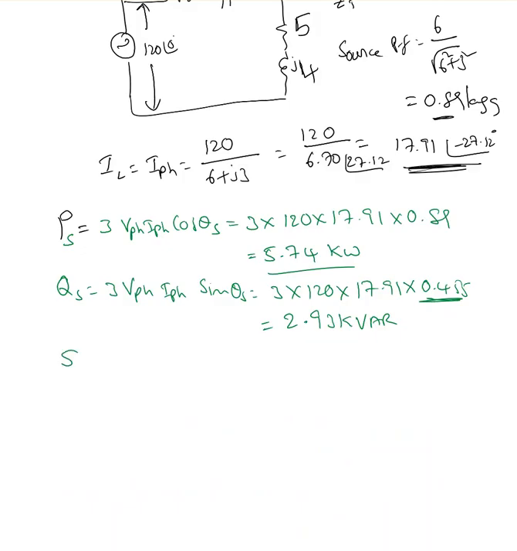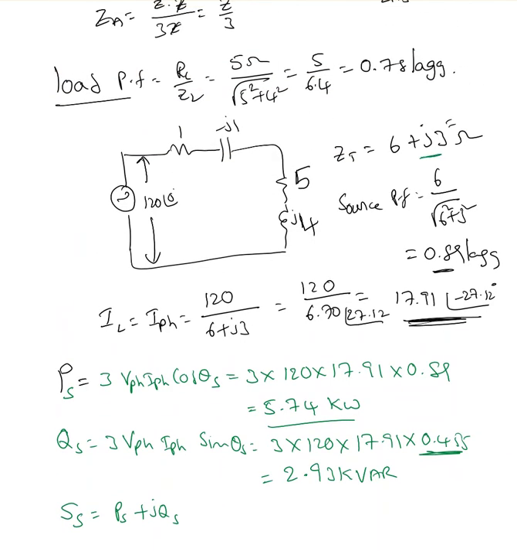Now I can find SS, which is PS plus j QS. Why plus j? Because when you look at the total impedance, I have plus j3, so it's still an inductive reactance. Inductive reactance always takes the reactive power, so that's the reason it is plus j QS.